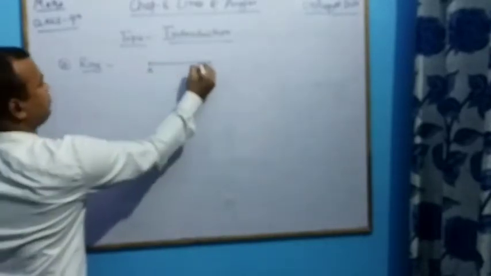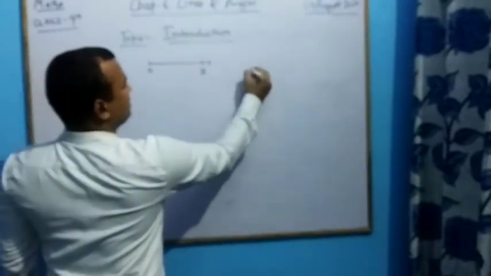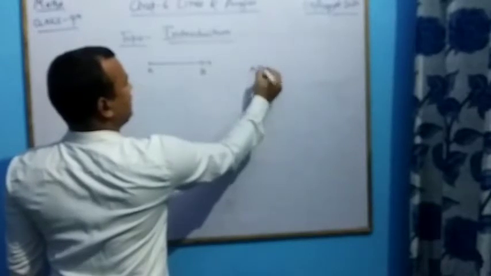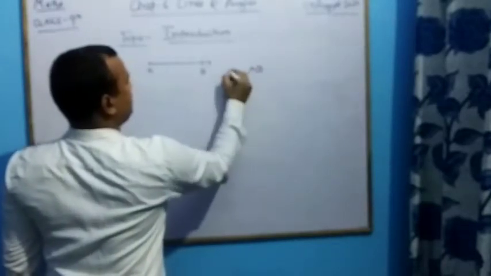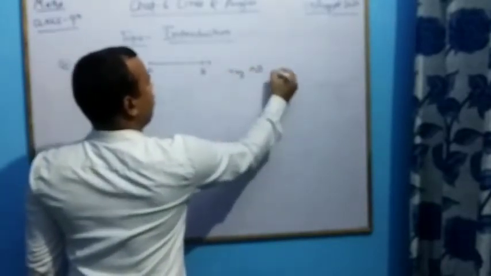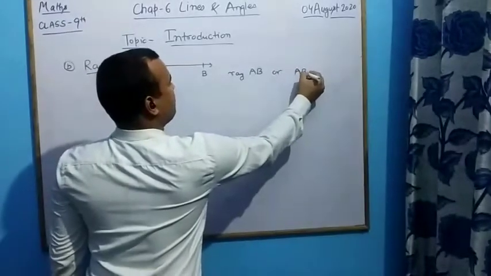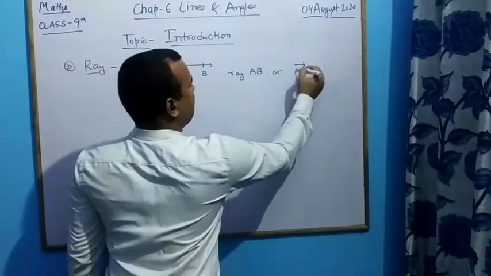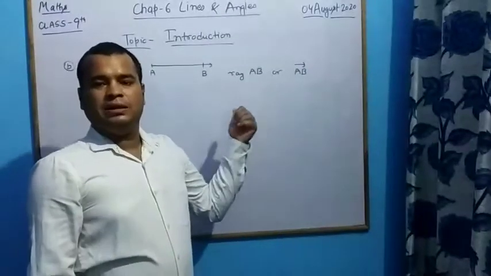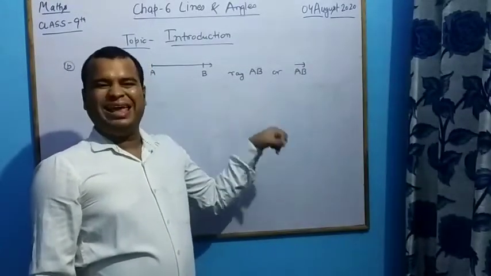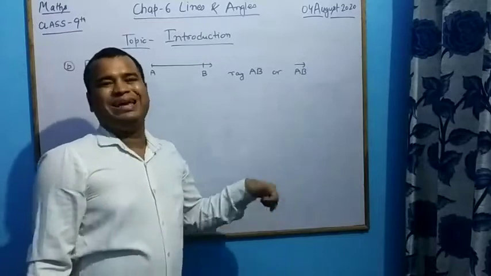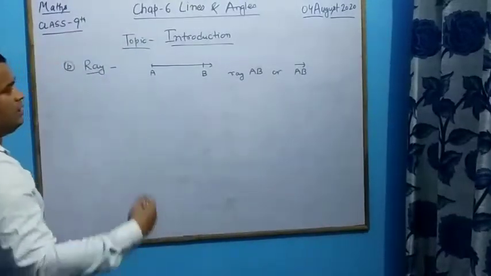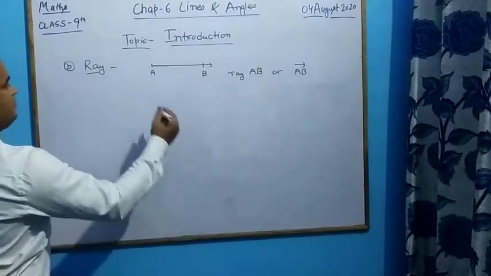Let us mark the points A, B. So how will we write this ray? We will write it as ray AB, or in the symbolic form we will write AB and a line with one arrow in only one direction, at only one end.